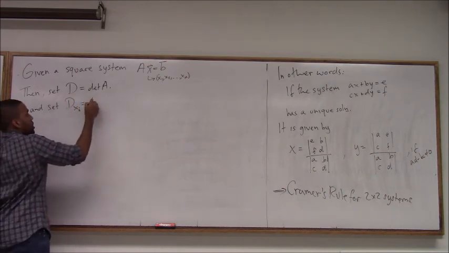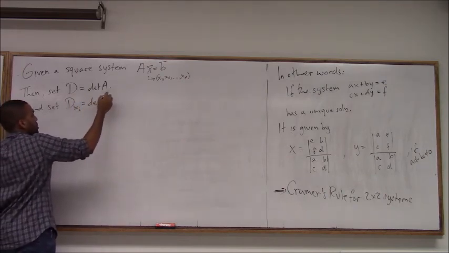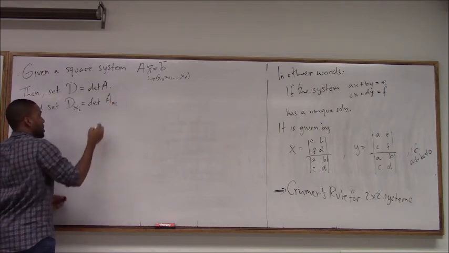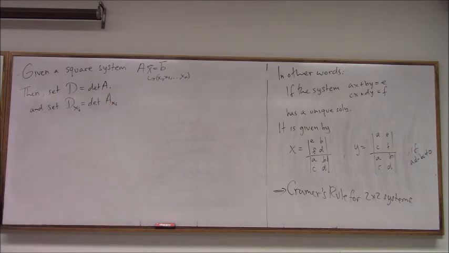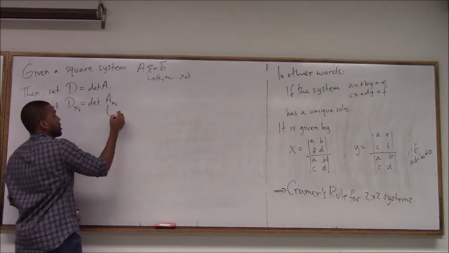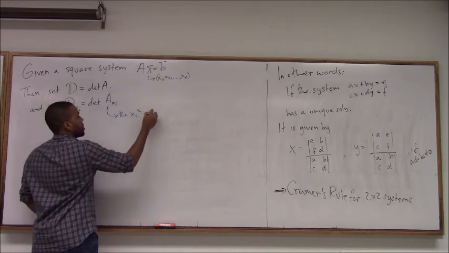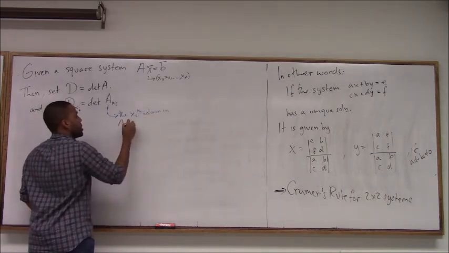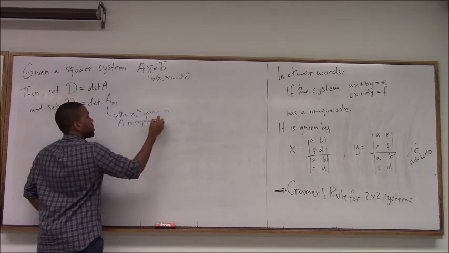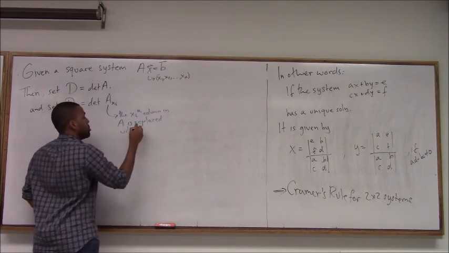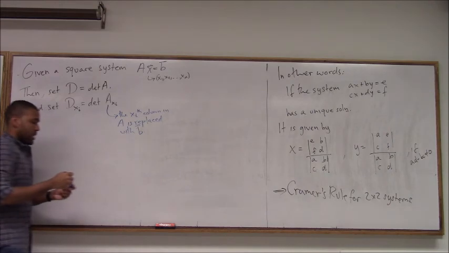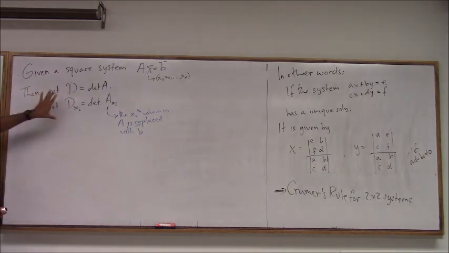Set Dxi to be the determinant of A sub xi, which is defined to be A with the xi-th column replaced with B. So if I take that constant matrix and replace the column for a specific variable, I get a new matrix, and I take the determinant of that matrix. Then it turns out I can talk about the solution.